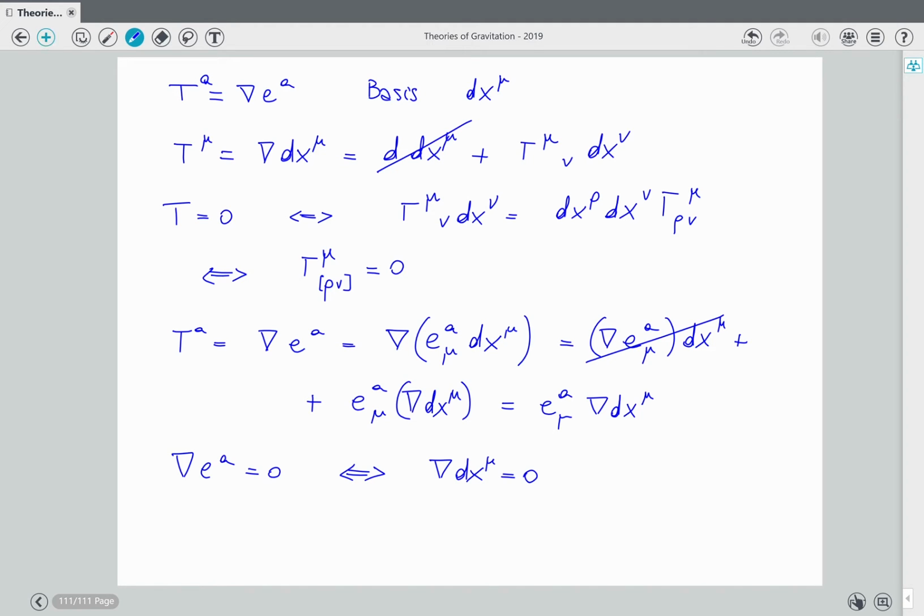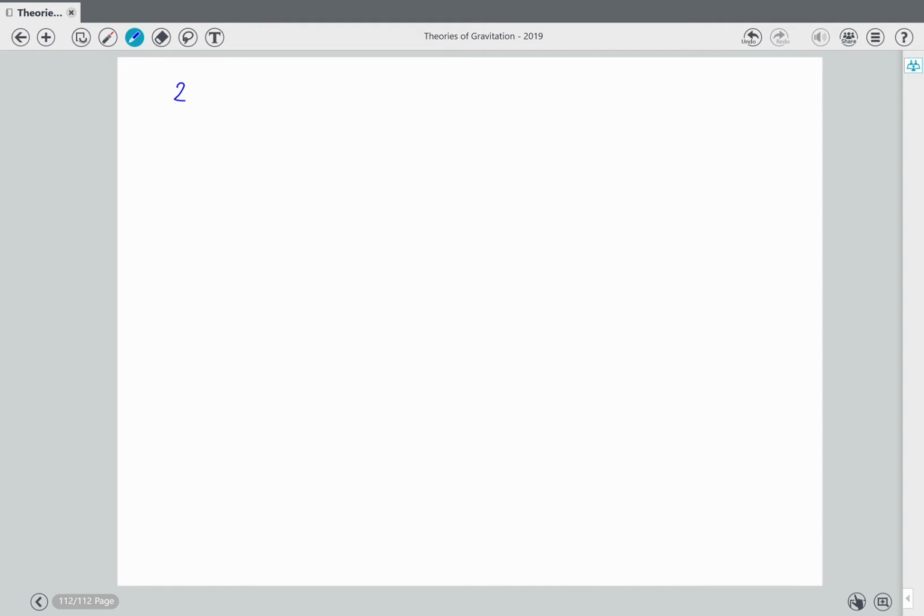Let's go back once again to the Bianchi identities. A second Bianchi identity again. Bianchi identity was del R equals 0.